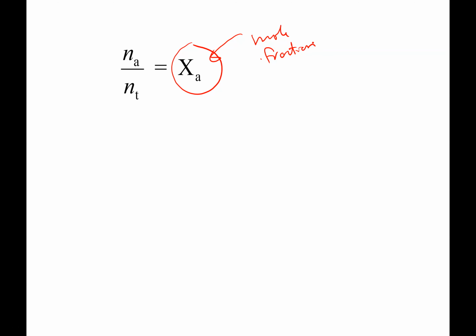If we've taken the fraction of something, we're taking how much there is of that thing of interest divided by the total amount of what there is. So mole fraction is the moles of A divided by the total number of moles there. That's mole fraction of A. So we can restate that little equation by saying the partial pressure of A is equal to the mole fraction of A times the total pressure.